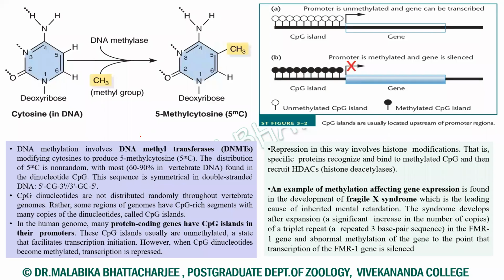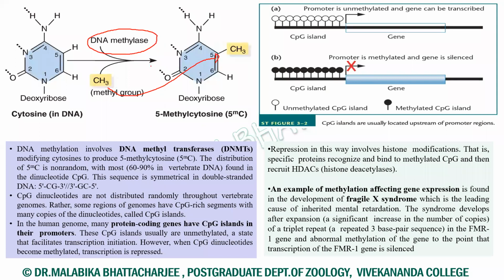Now let's move on to the two main categories of epigenetic modification. We studied DNA methylation in the last class, but once more, this is a recapitulation. See, cytosine is a common base in the DNA, and DNA methylase is the enzyme which adds a methyl group to the 5 carbon, you can see. So it's 5-methyl cytosine.